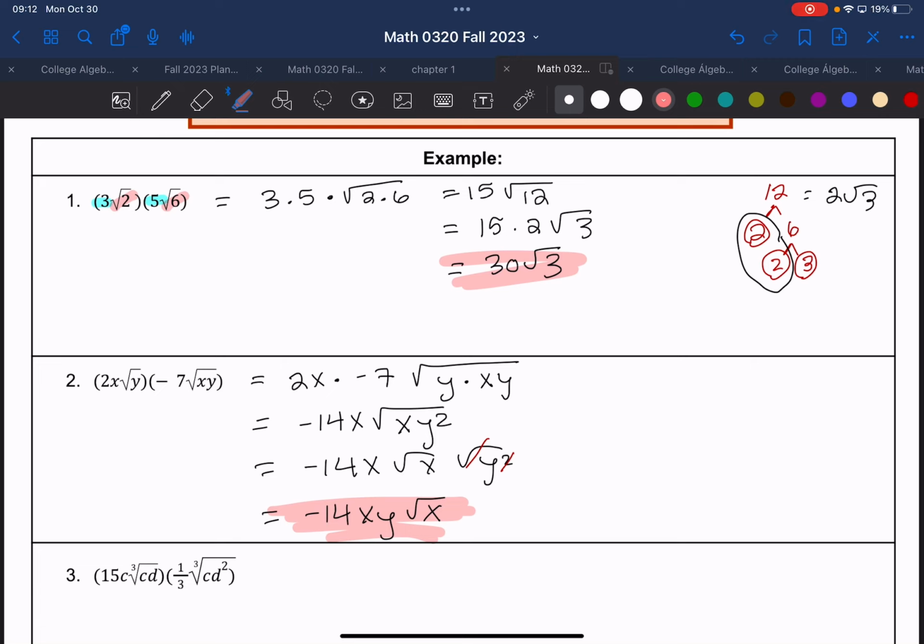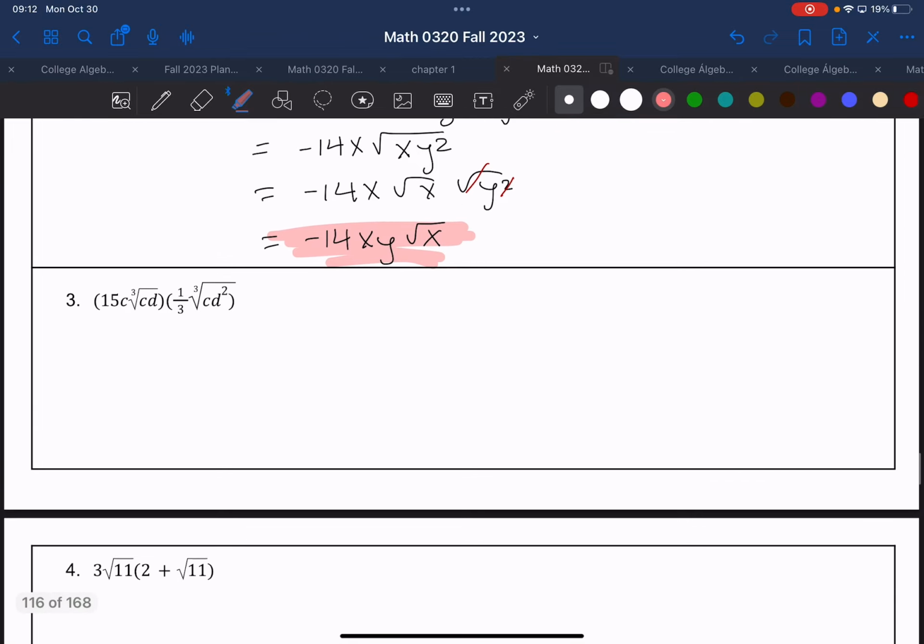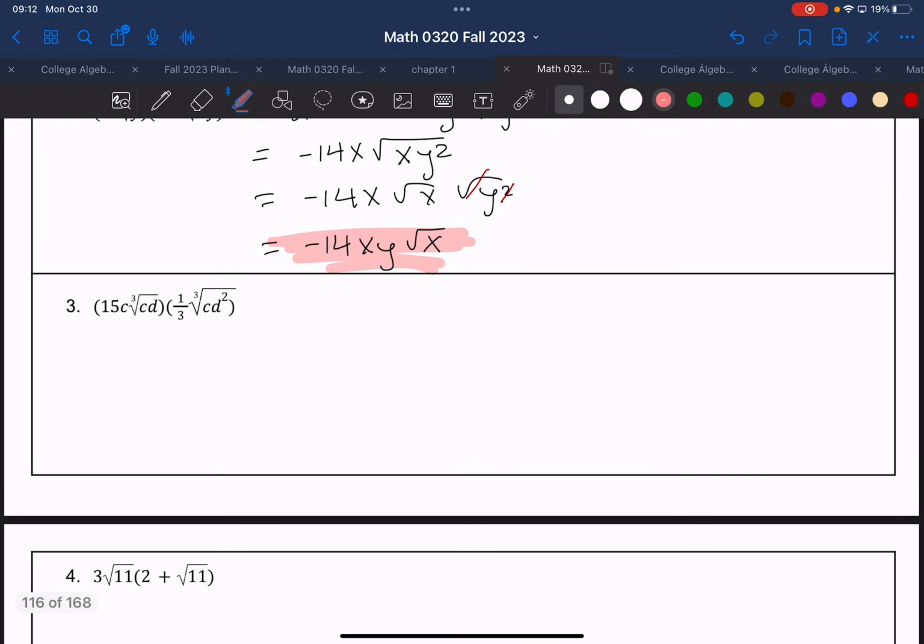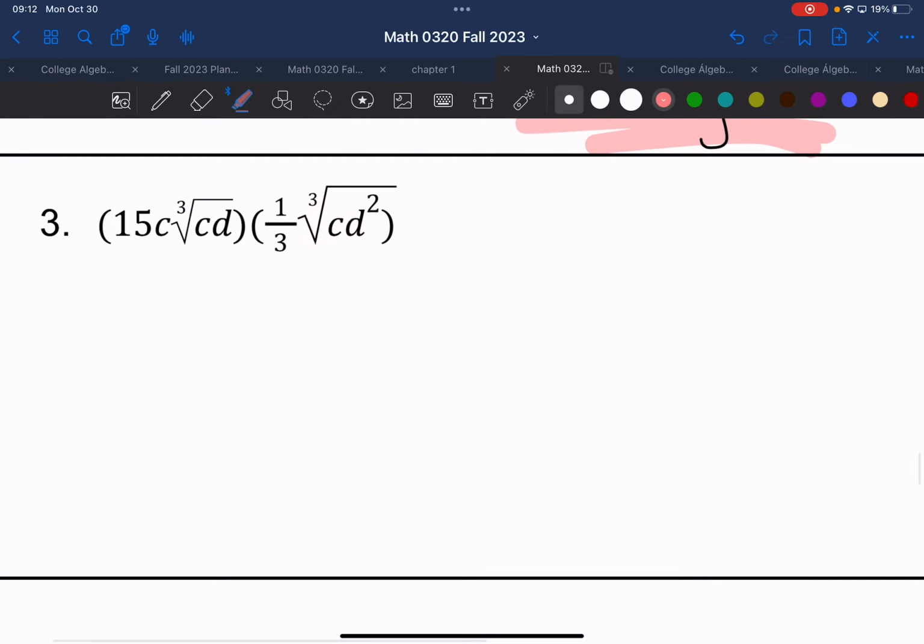Okay, any questions so far? Okay, on number 13, do we have the same indexes? What's our index? 3. We have the same index of 3, which means we can multiply our outsides and then multiply the insides.